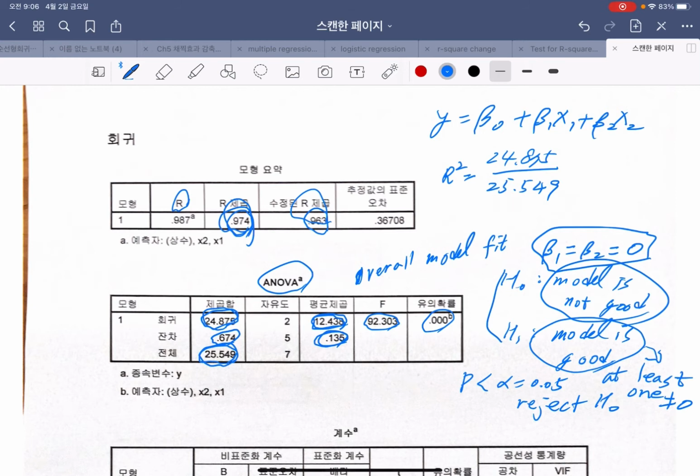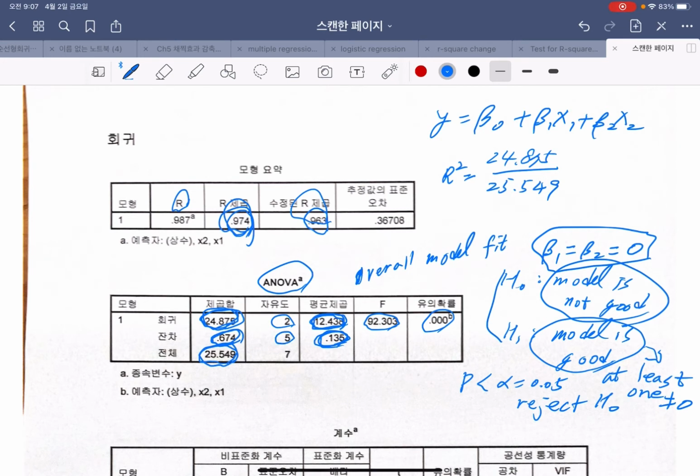The ratio of variances is F distributed. And this one comes from dividing this by this, and this one comes from dividing this by this.